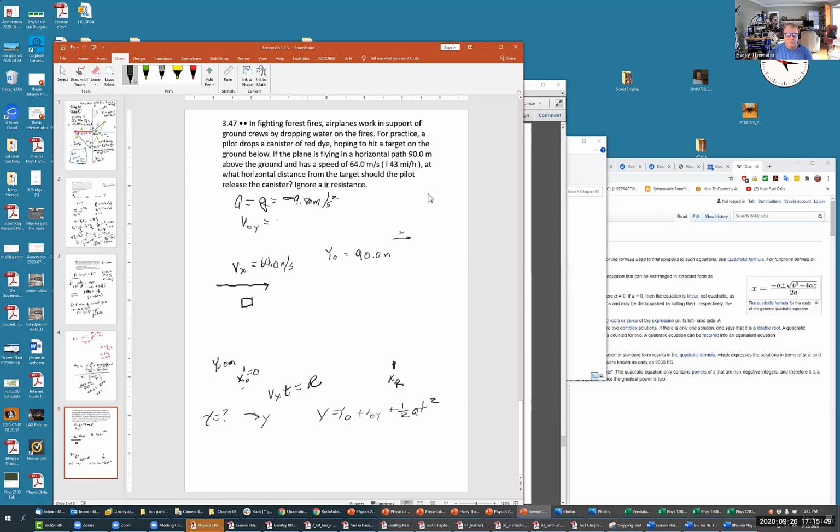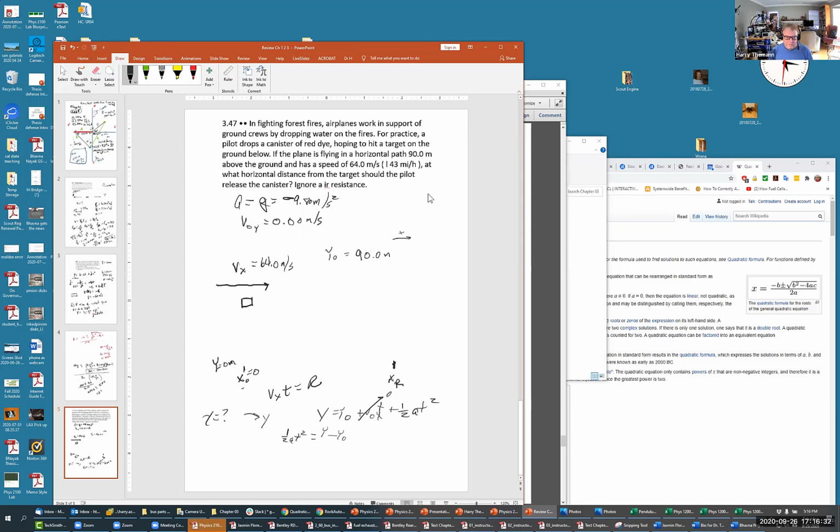And y equals 0, so we want to solve for the time. 1/2 a t squared equals y minus y sub 0, and if you like, minus v sub 0 y times t, but that's 0.